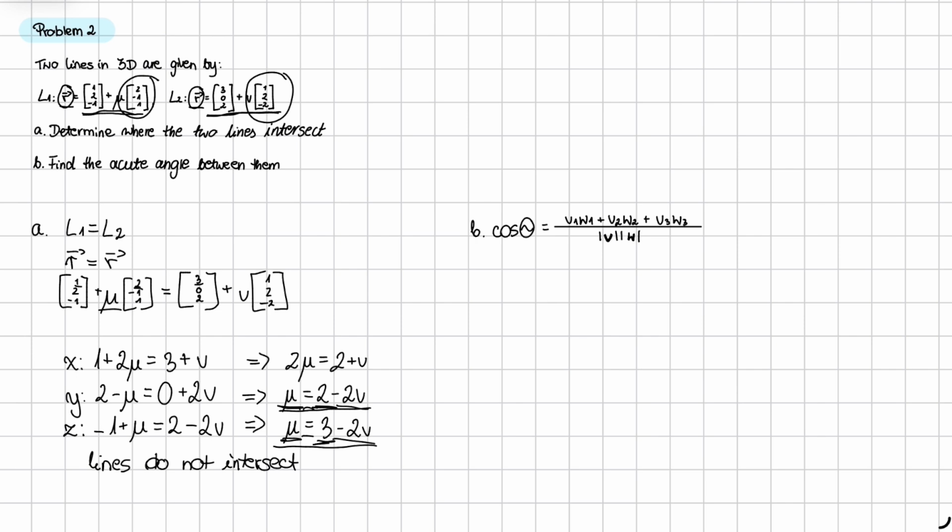So the first one is 2 times 1 plus minus 1 times 2 plus 1 times negative 2, and from this we have 2 minus 2 plus minus 2, so it's just minus 2, and in the denominator we have to just find the magnitude of both direction vectors.